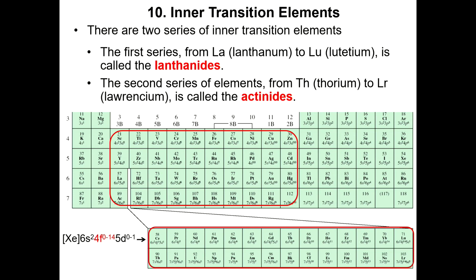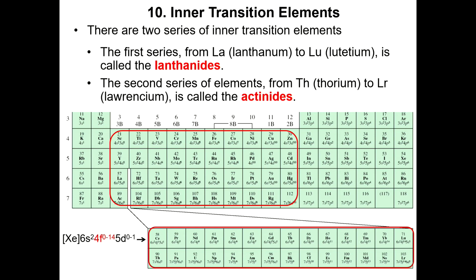But we know that after the 5d orbitals are filled, the next orbital is 4f. So some electrons will be filled in 4f orbitals.